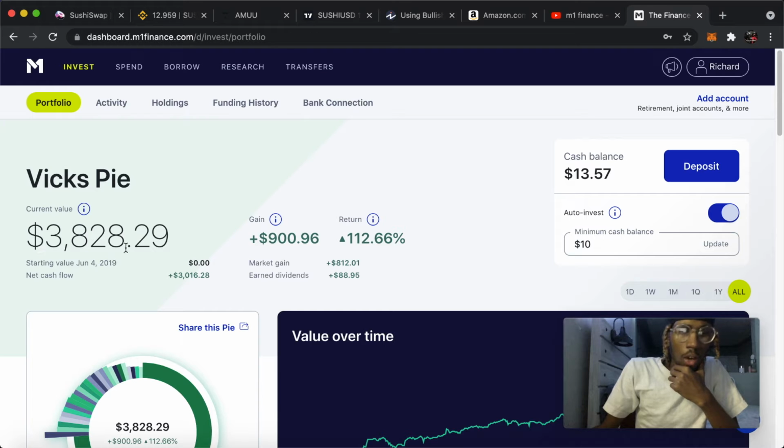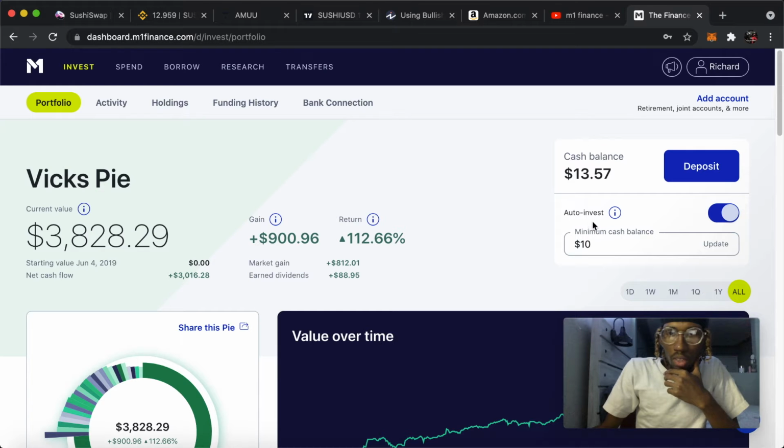The current value of your pie is right here, the total amount that you have in there. This is the total amount that you have gained through investing, your return. Your cash balance is the money that you have available to buy more stocks.